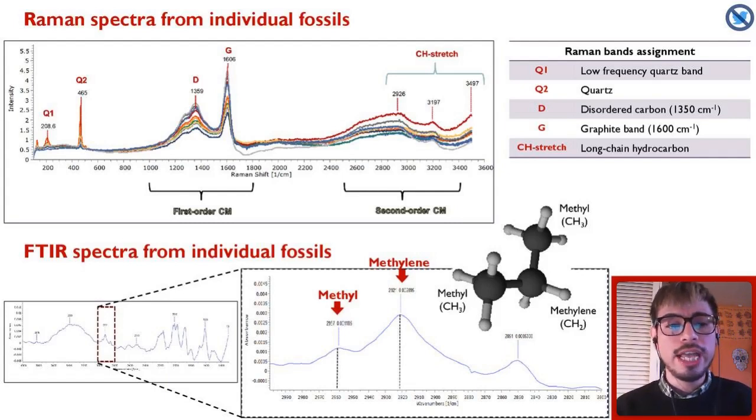Also, we used FTIR spectroscopy to identify specific absorbances in specific organic molecular groups. So we obtained the ratio of the CH3 and CH2 chemical moieties, which tells us about the composition of long-chain aliphatic hydrocarbons.